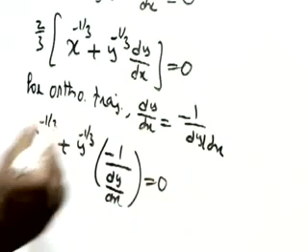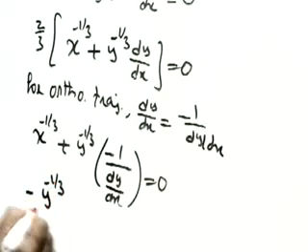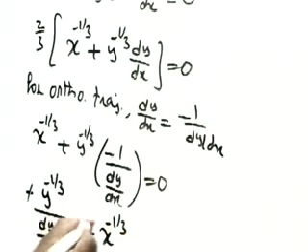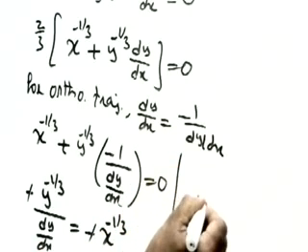Now I'm bringing one value here. So plus into minus, minus y power minus 1 by 3 by dy by dx equals to minus x power minus 1 by 3. So minus minus will get cancelled. Now cross multiply this.